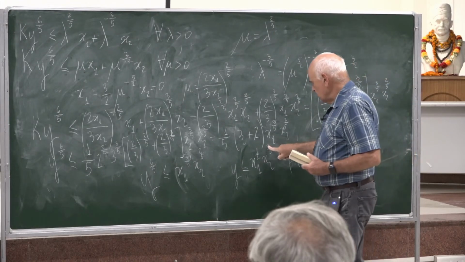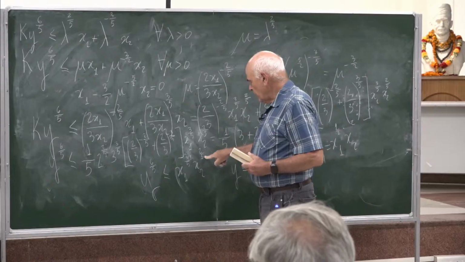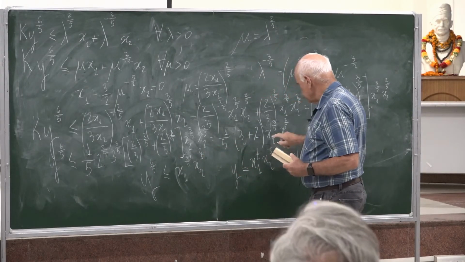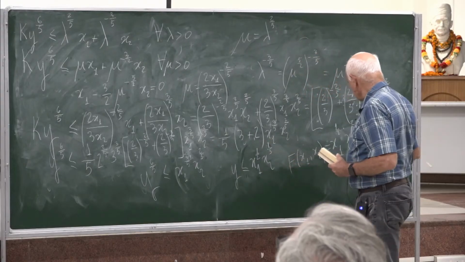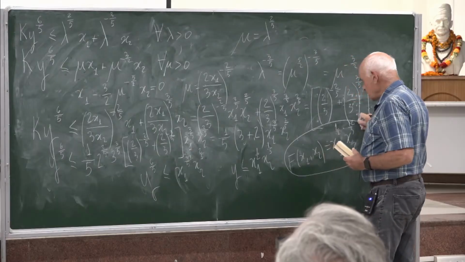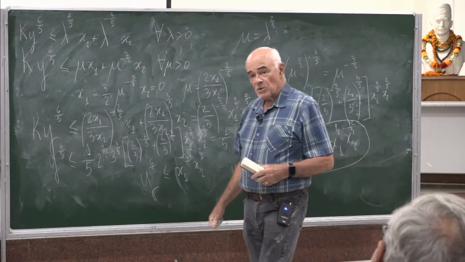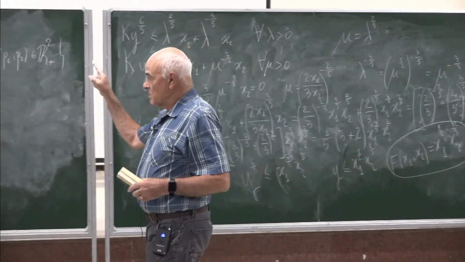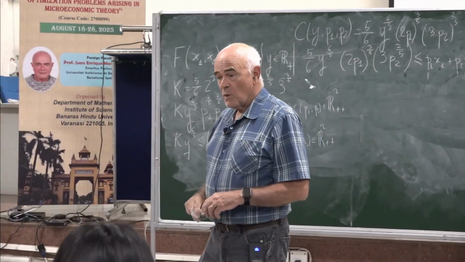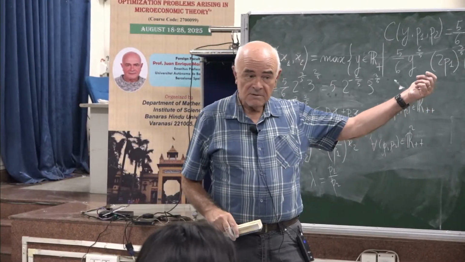So 2, 5, 5, 6 is 1/3. Okay? So this production function induces that cost function, which one was the one that you obtained with this function.